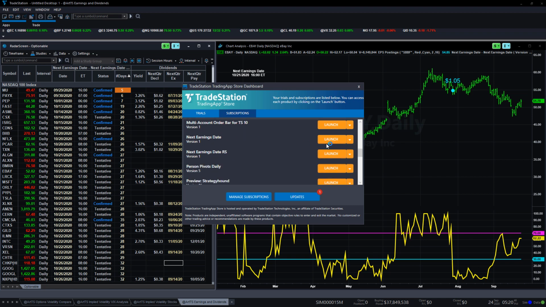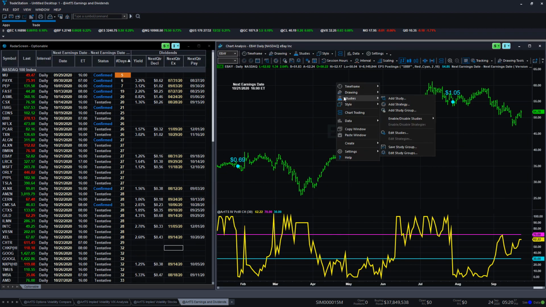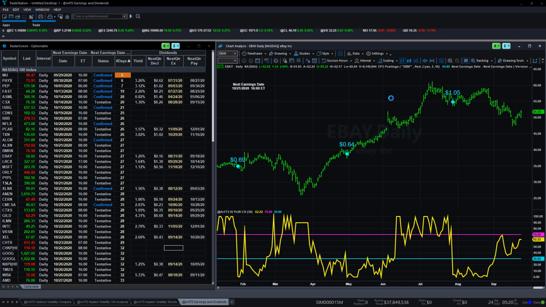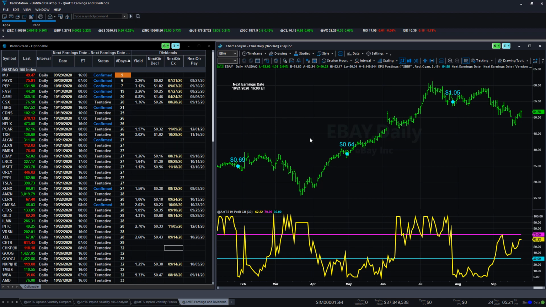You just click on launch, and it will launch a workspace that comes from the store. And then in your list of indicators, you'll have an indicator that you can add to the chart. This is Add Studies. If you come down to next earnings date, you'll see this little icon to the left that tells you it comes from the store. That's next earnings date, and you can add that into any chart, or you can add that into Radar Screen. And that's how that works.